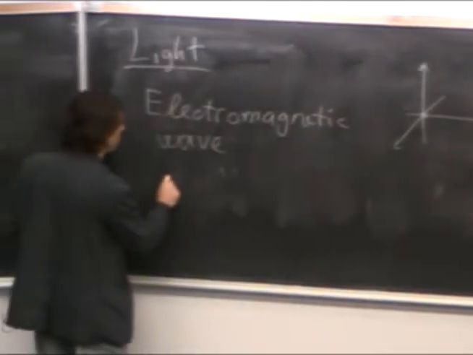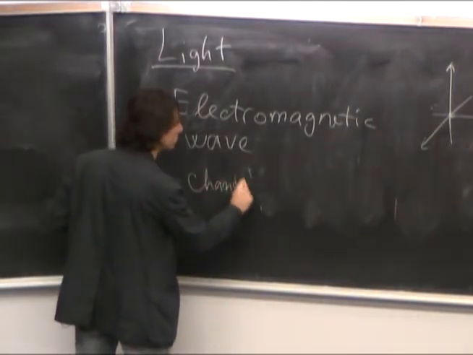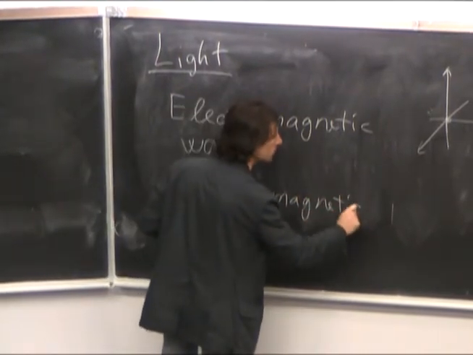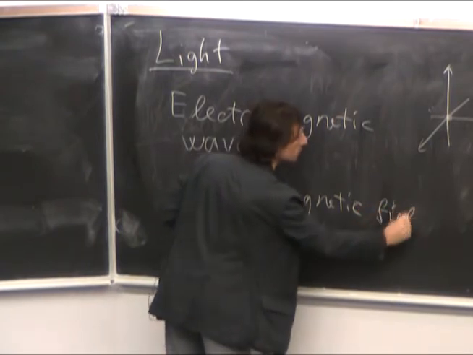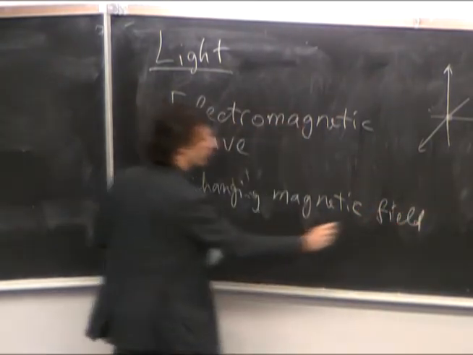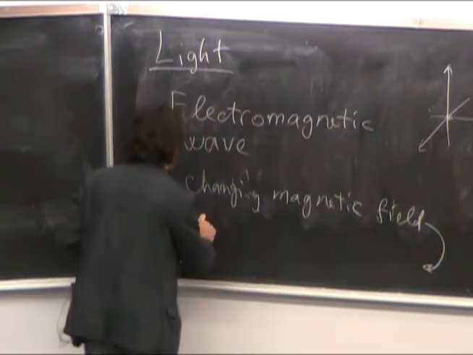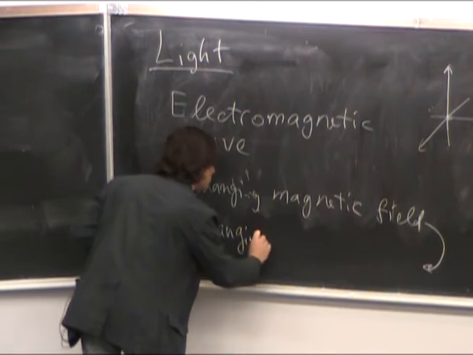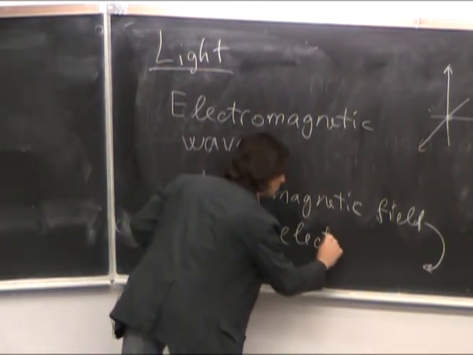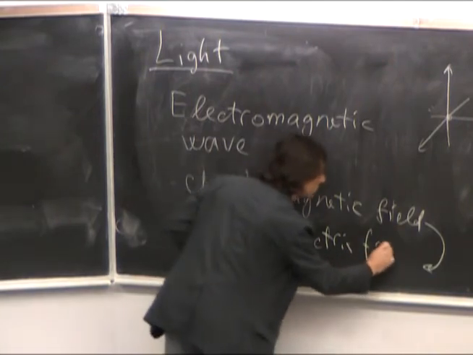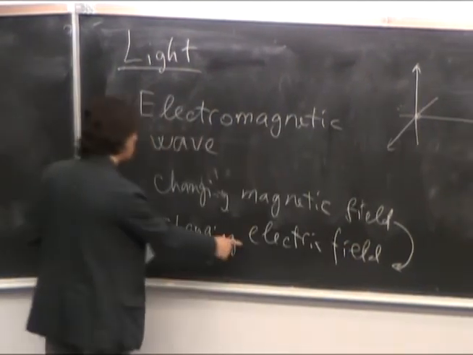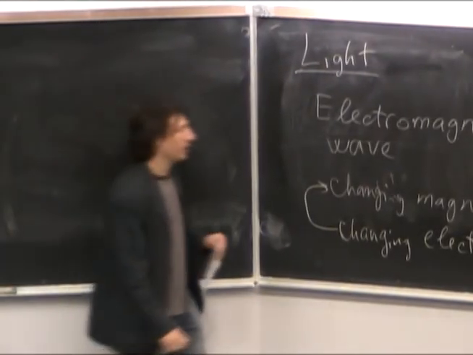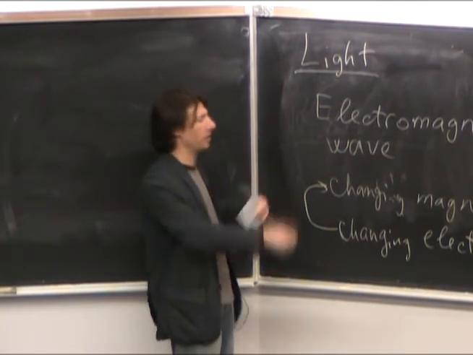The time-dependent changing magnetic field gives rise to a time-dependent or changing electric field. And the time-dependent electric field generates a magnetic field. So it's like a snake that bites its own tail.